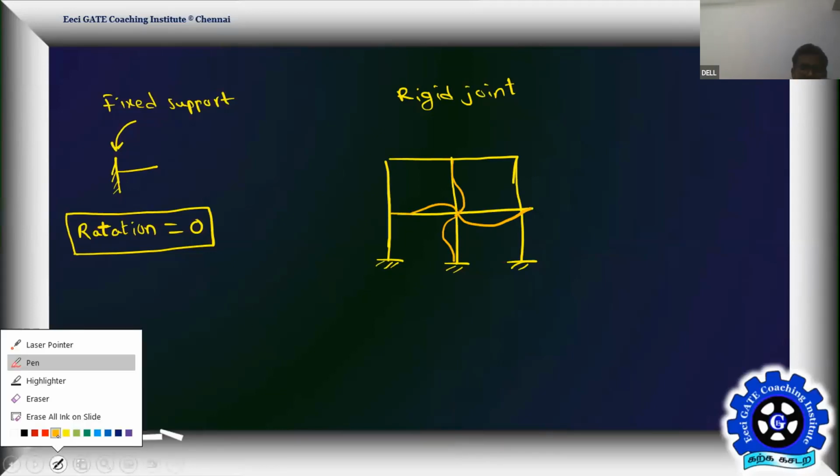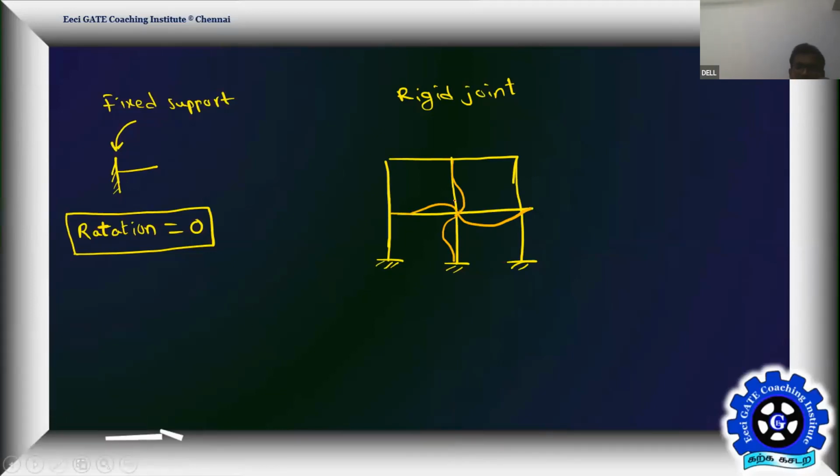At a rigid joint, every member undergoes the same amount of rotation. If this is theta, this must be theta, this must be theta. Whatever joint it is meeting, this is what we call a rigid joint. At a rigid joint, every member connected undergoes the same amount of rotation.